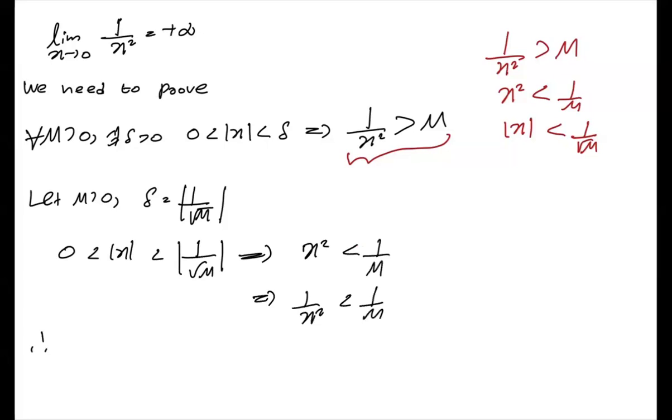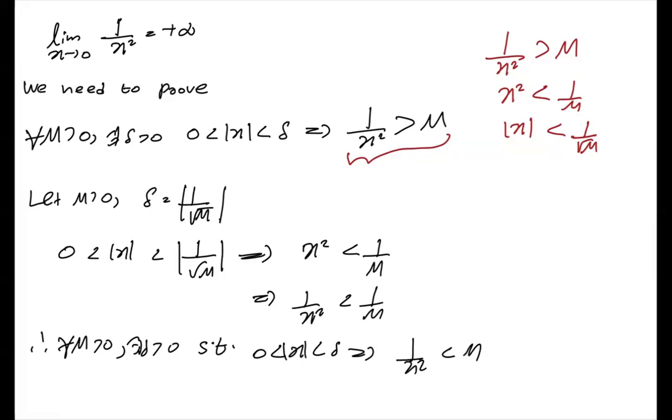Therefore, we can tell for all m greater than 0, there exists delta greater than 0, such that 0 less than absolute value of x less than delta implies 1 over x squared less than m. Is it clear or not? Sorry, the other way around.